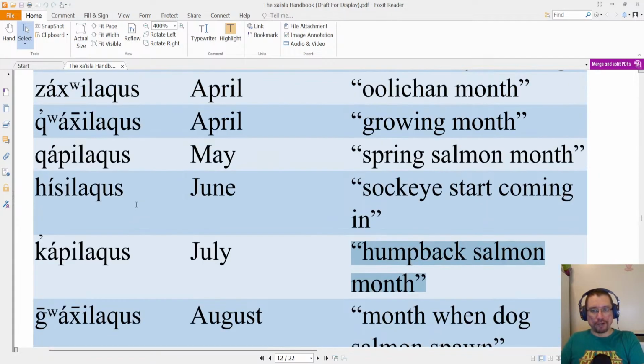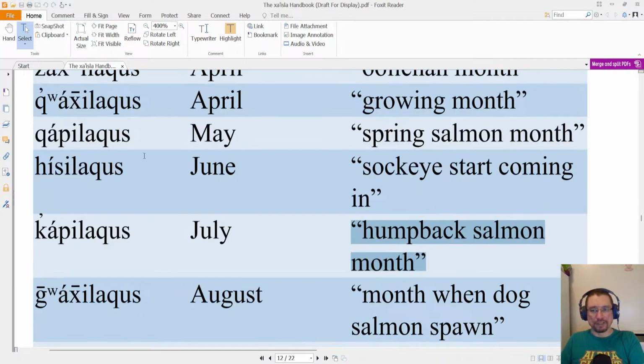So if you notice a pattern here, May is when the salmon start running. So each month is kind of named after the type of salmon, the species, that run around that time.